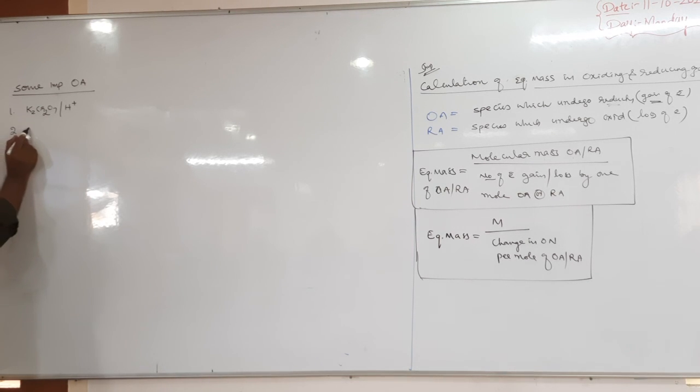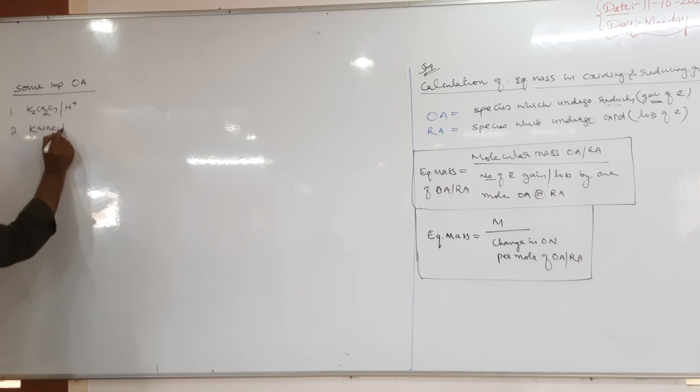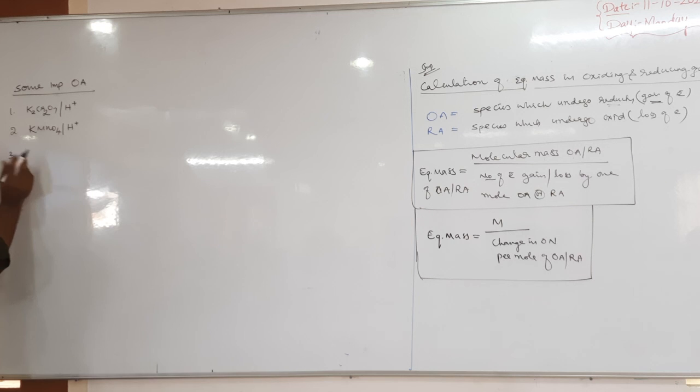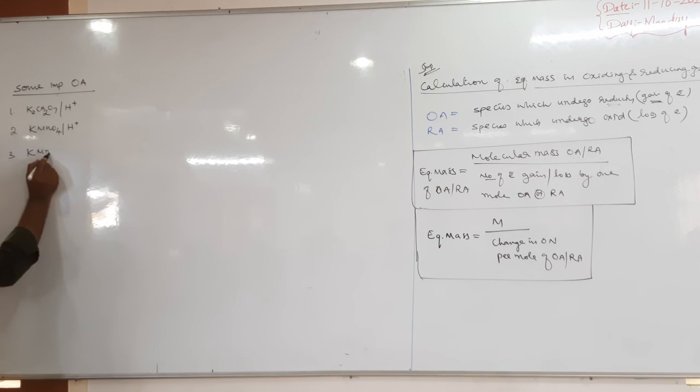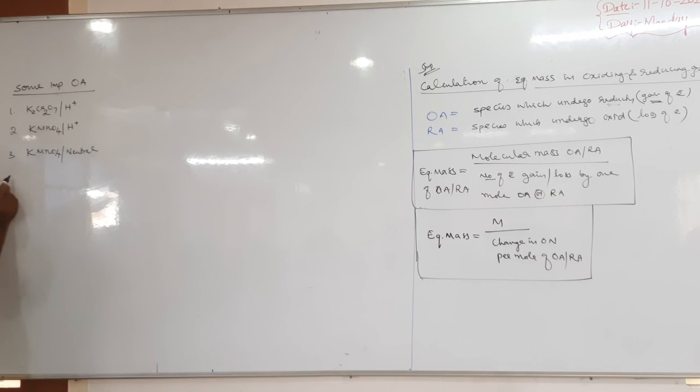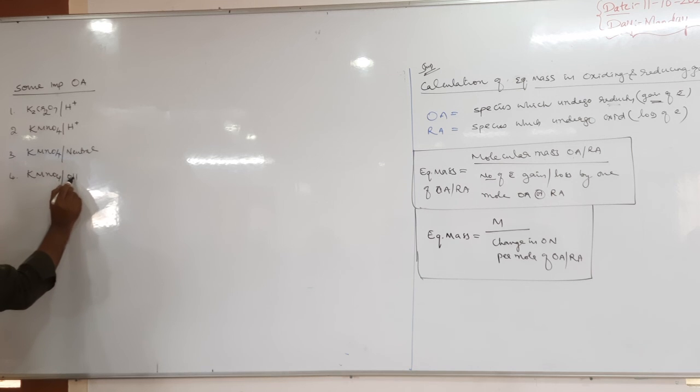Next, KMnO4, potassium permanganate. Potassium permanganate can act as an oxidizing agent in three media: acidic medium, neutral medium, and basic medium.